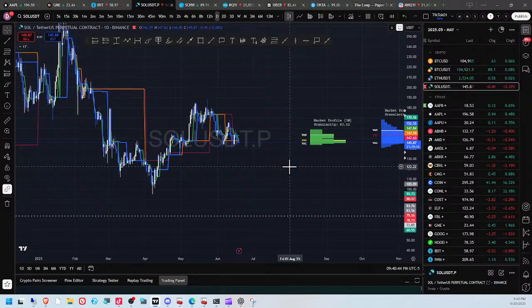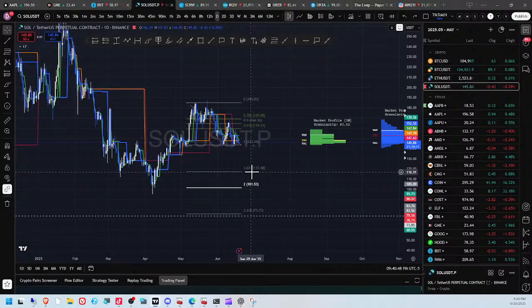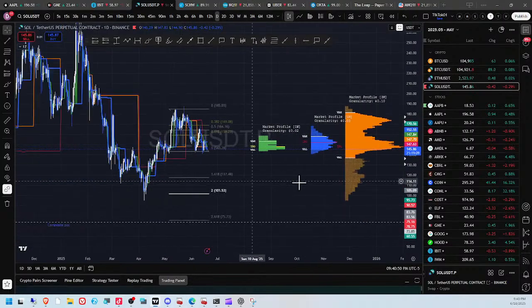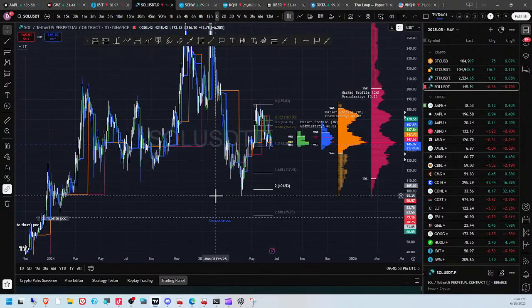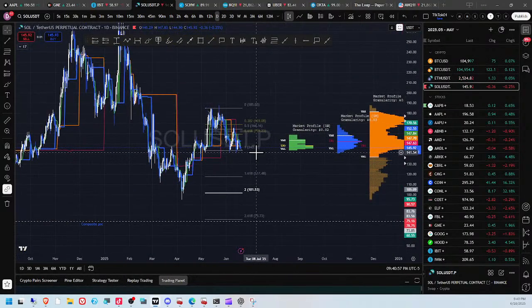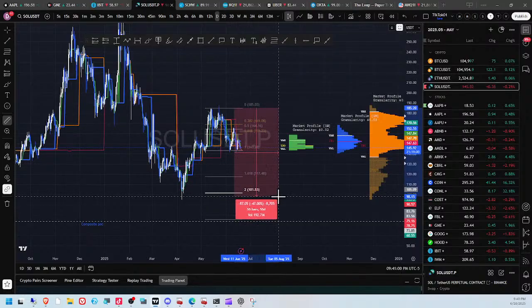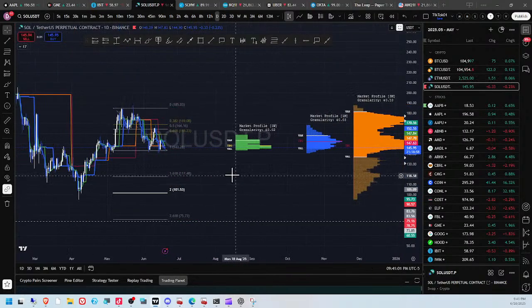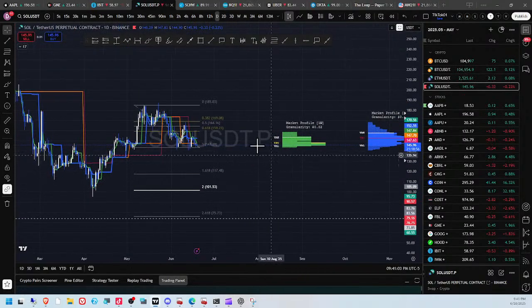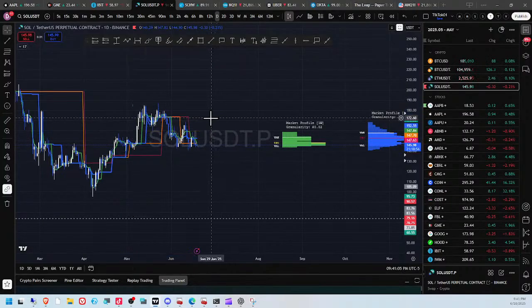That measures to like 117 to 104. Do we have any points of control down there? This like 95 or so. I don't know that we'll get it. That would be a 50% move from the local high. Yeah, that's kind of longer term.